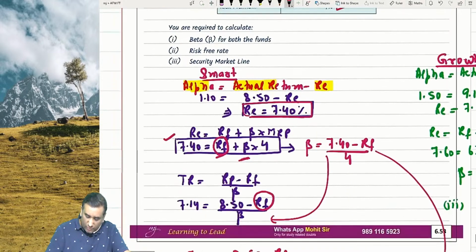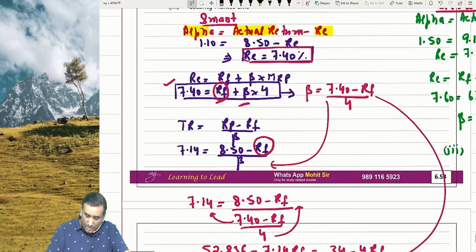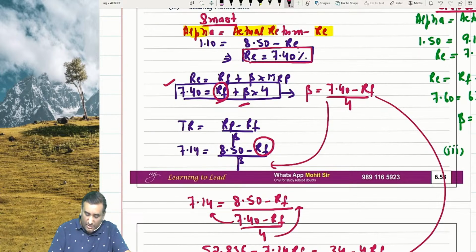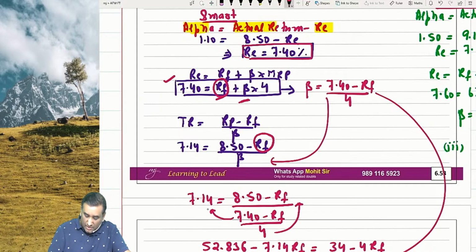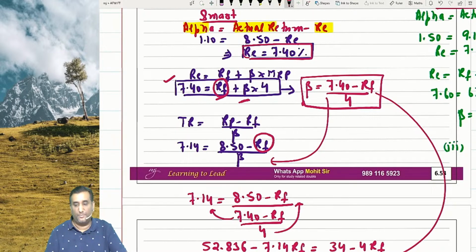So to solve this problem, I use the Treynor ratio. Treynor ratio is RP minus RF by beta, this 7.14. So I can substitute the value here, 7.14 equals 8.5 minus RF. Instead of beta, I take the value of beta from here and substitute.